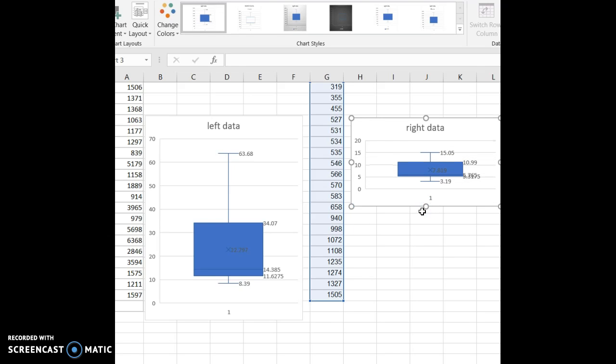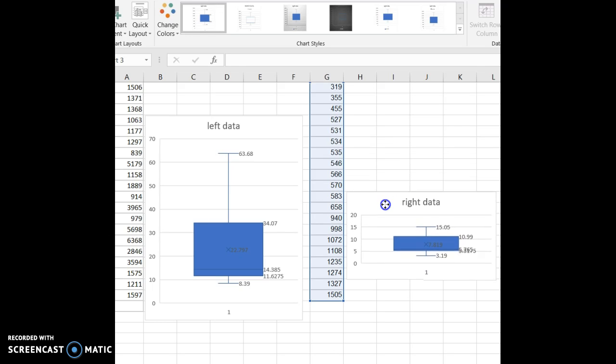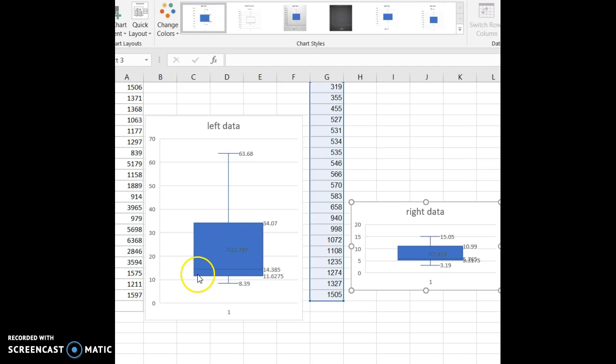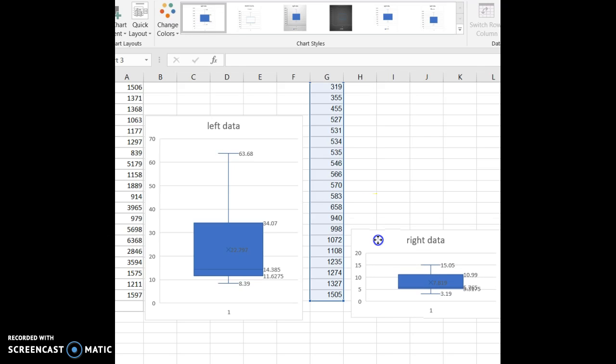Oh, we're getting there. Now we've got 5, 10, 15. I'm just going to show you what I'm doing. I'm going to bring this down here because here is my line for 10 on my left data. I want that to match up with my line for 10 here on my other lot of data, so that I'm looking at the same thing at the same time.